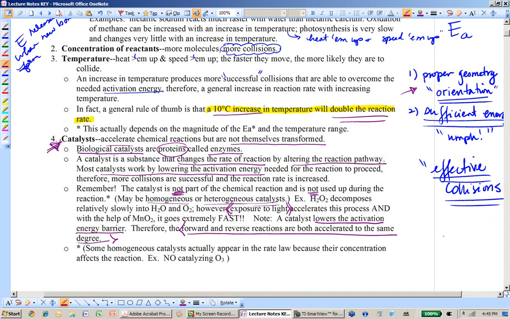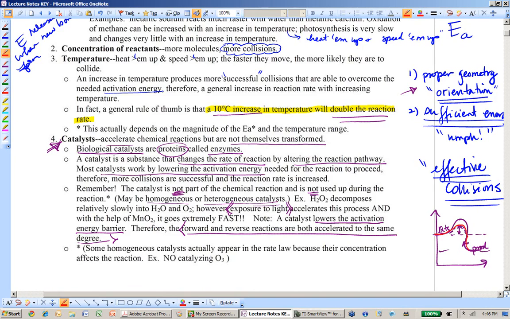Whether you're talking about the forward reaction, which, as I said earlier, we typically think of these as reactants and these as products, but you know reactions are reversible. And so if we talk about the reverse reaction, we'll be headed this way up the graph. And so if I put in a catalyst that's going to lower the amount of energy needed for this reaction to take place, it works this way.